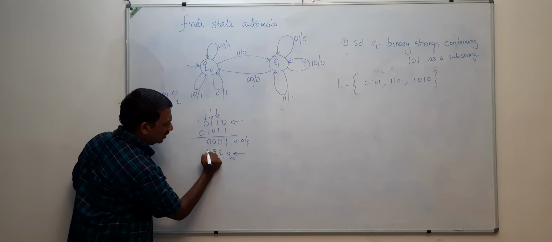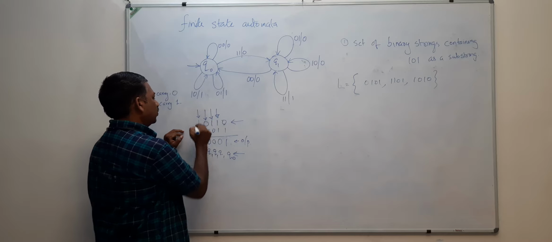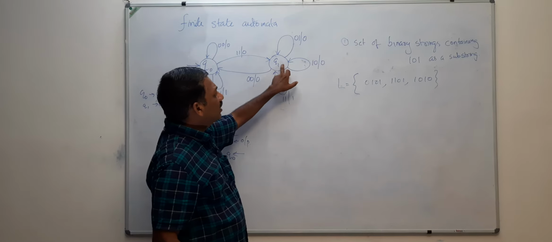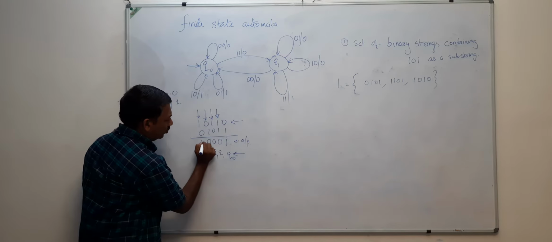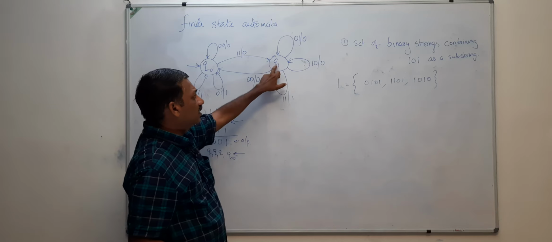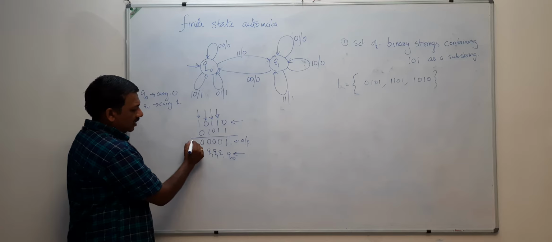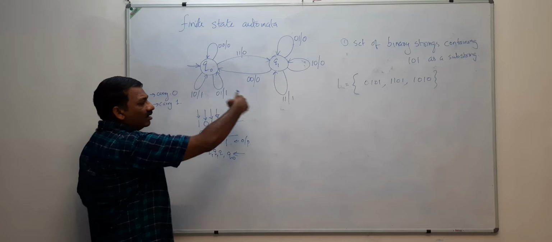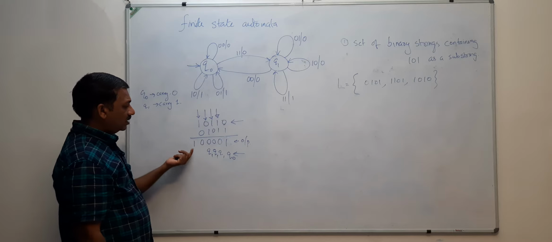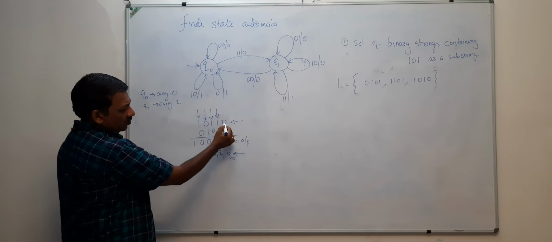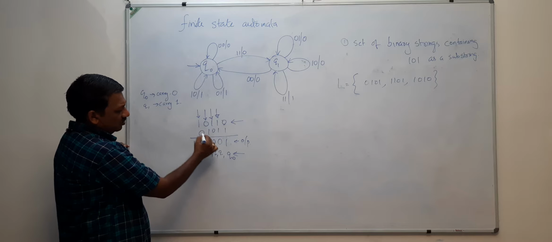Now q1 is reading 1 0. Output is 0, a carry is generated, and the input is exhausted. That carry is not in our scope, it is carried forward, and this is the result.